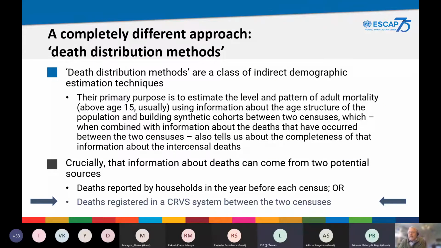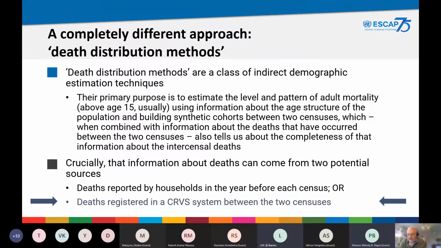And that household death module asks respondents from each household how many people in their household died in the year before the census, and what were their characteristics? Were they male? Were they female? Did they die from maternal mortality causes, etc.